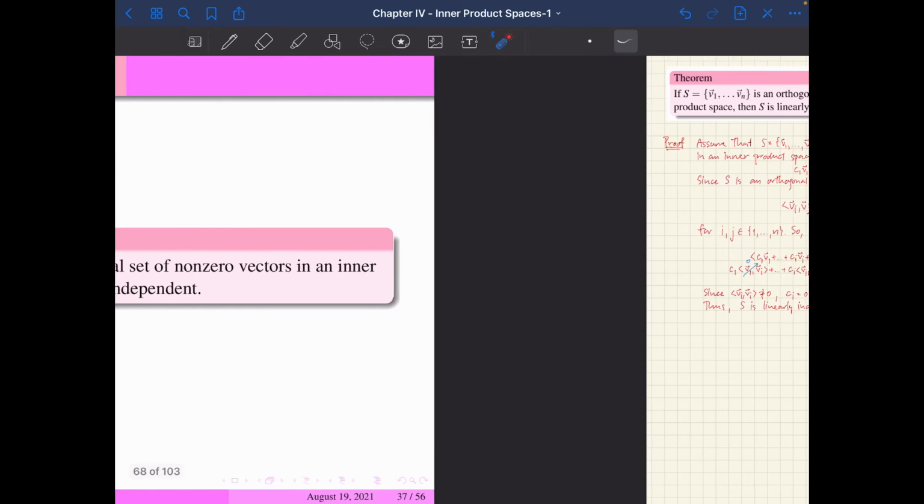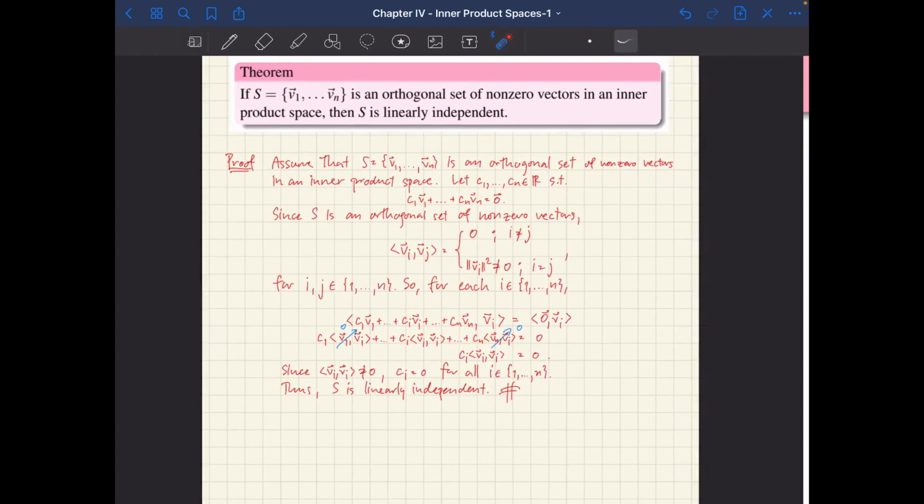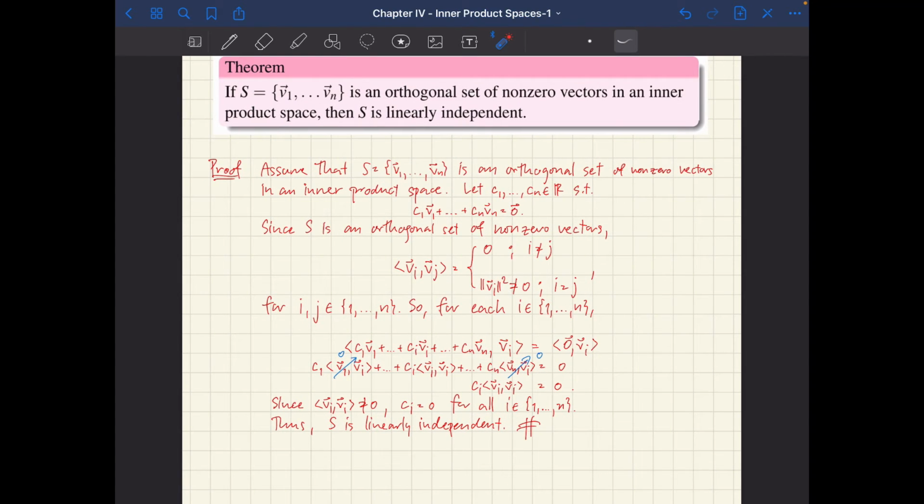Because we know that S is an orthogonal set. What does it mean?